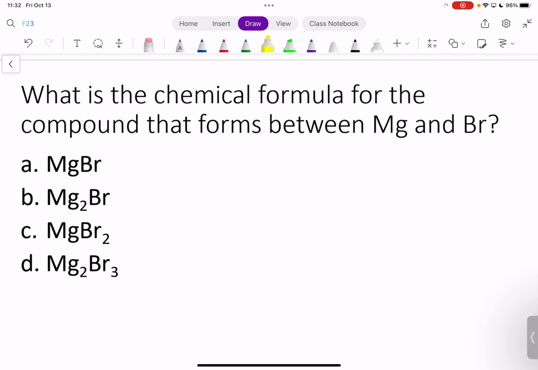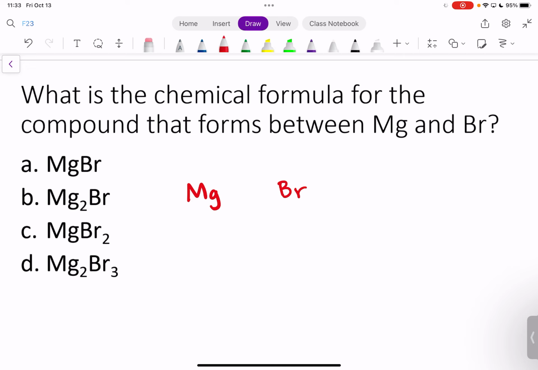What is the chemical formula for the compound that forms between magnesium and bromine? Magnesium and bromine. All right.